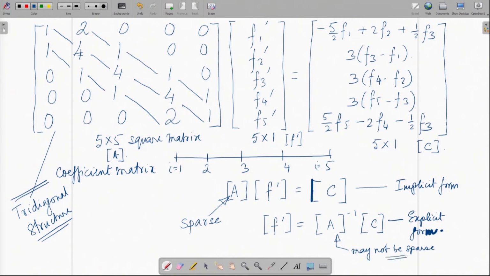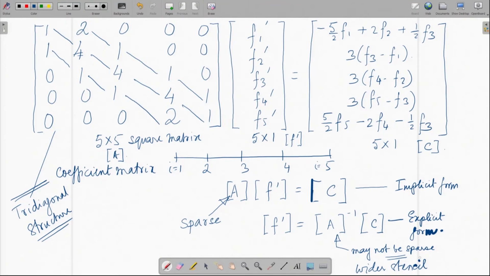In fact, very often it is not, which essentially means that in the explicit form of this scheme, you have larger contributions coming from the A inverse matrix in computing the finite differences. Larger influence in the sense that if you have more non-zero entries in A inverse matrix, that means effectively it has a wider stencil than is visible in the implicit form.